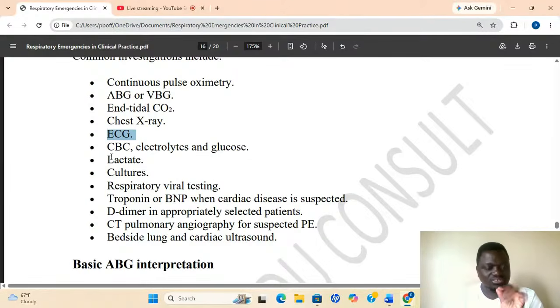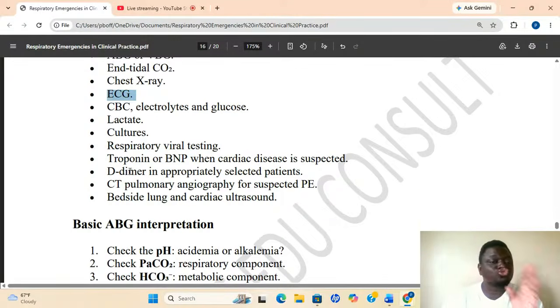Your CBC, the electrolytes, and glucose. Your lactate and blood cultures to help with infection. Your respiratory viral testing, very important. Your troponin and BP to rule out or confirm cardiac causes.